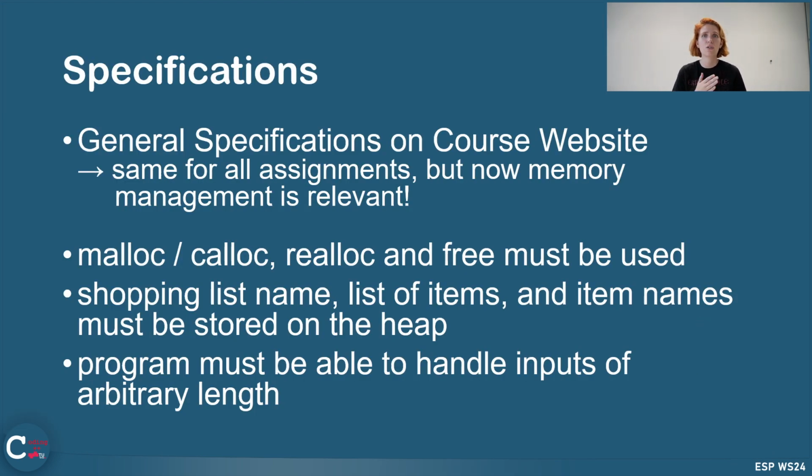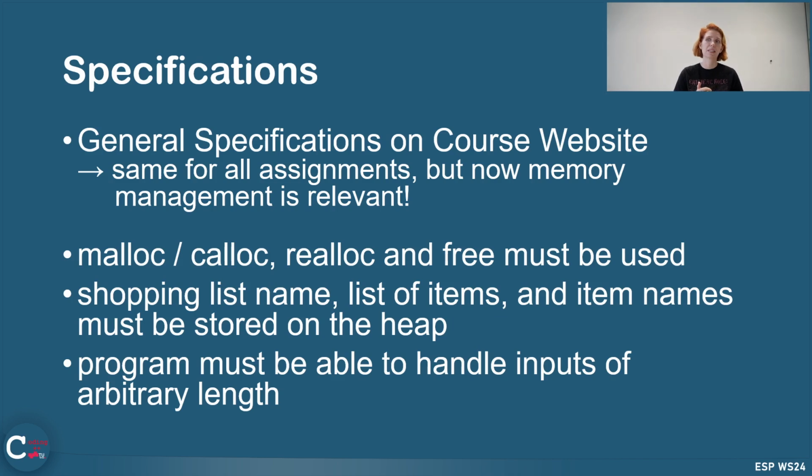But then there are also certain rules defined in the assignment itself. These are that either malloc or calloc and realloc and free must be used because you need to use dynamic memory. The name of the shopping list, the list of items, and the item names must be stored on the heap.